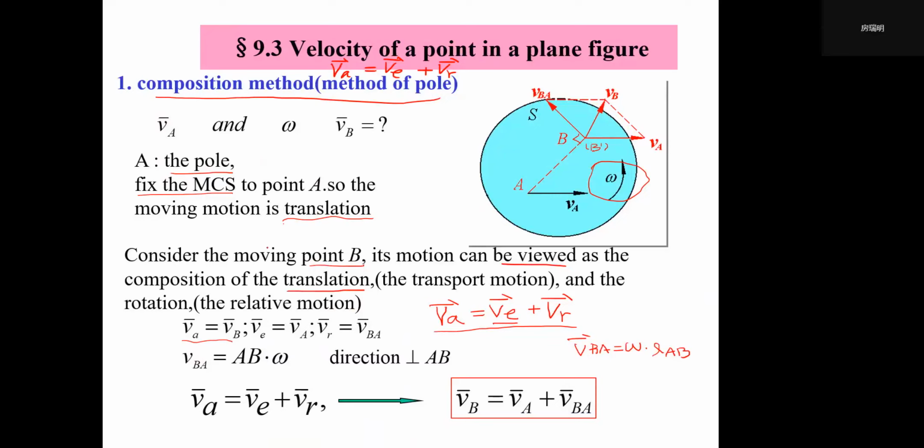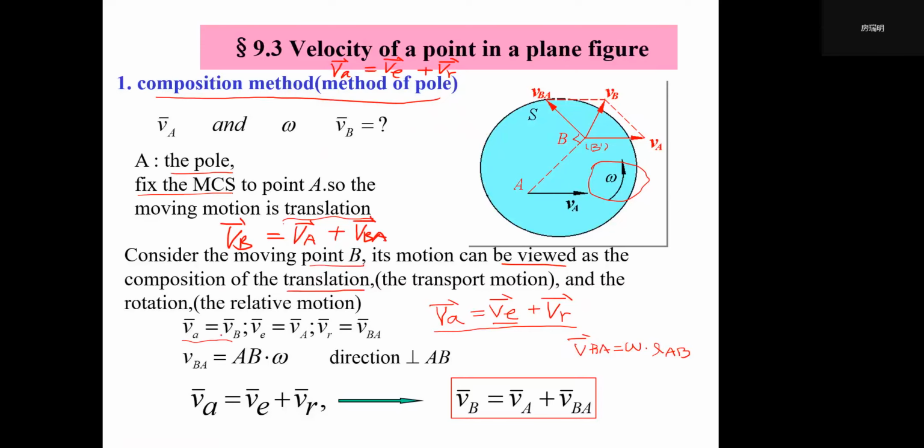That is, its absolute velocity VB can be viewed as two components. One is its translational velocity with the pole, that is A. Another is the relative rotation, that is VBA.